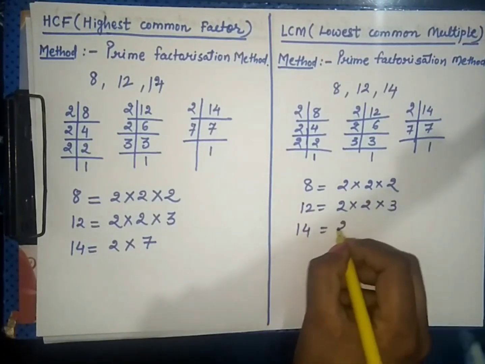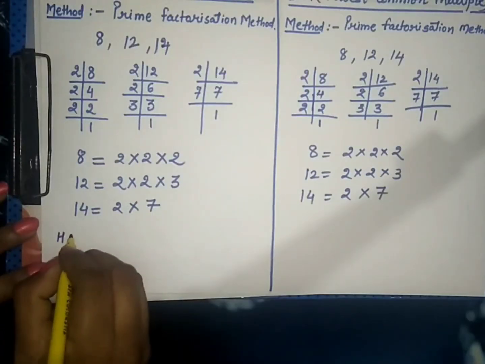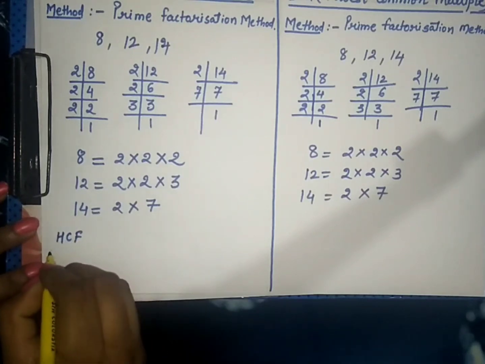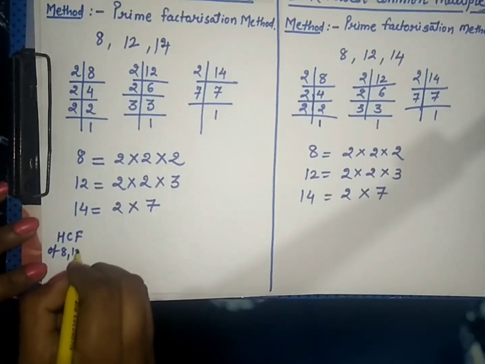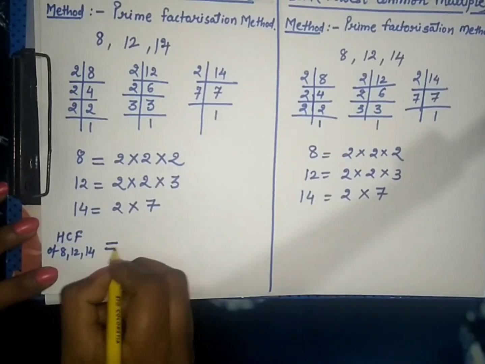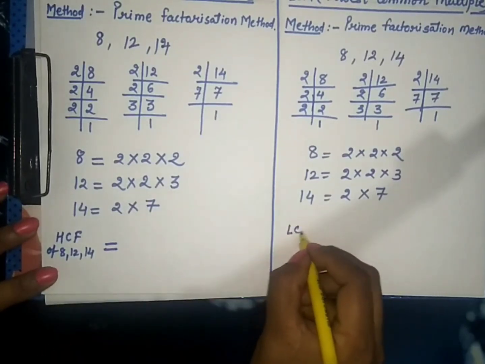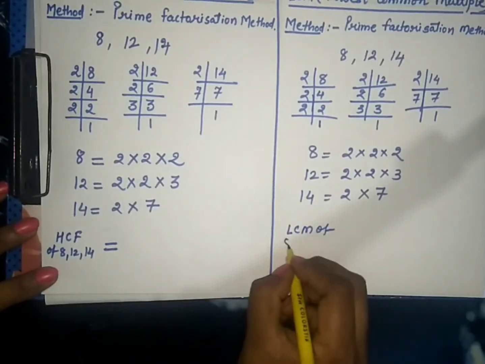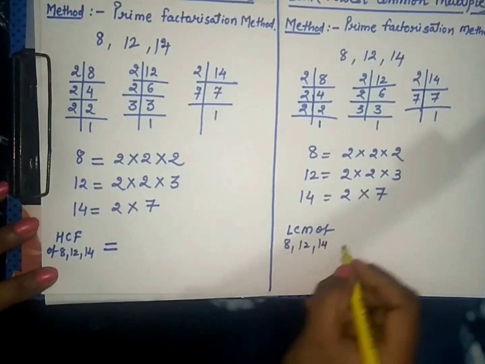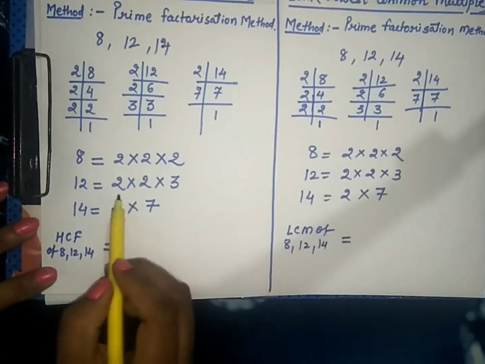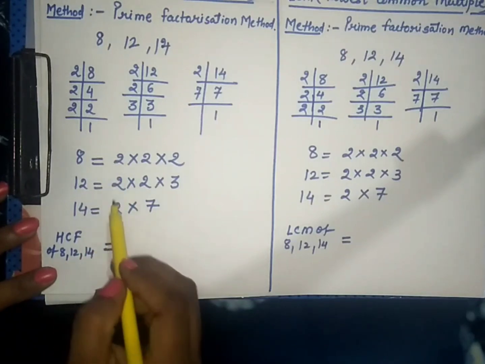Now till here the process for HCF and LCM is the same, but the next step changes for HCF and LCM. So here we can write down the HCF and LCM for 8, 12 and 14. In case of HCF, we will check for a common factor which is present in 8, 12 and 14.